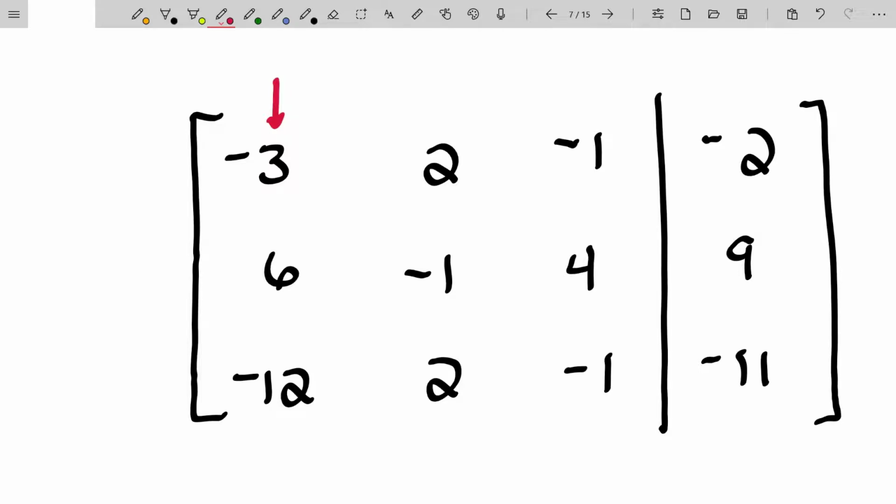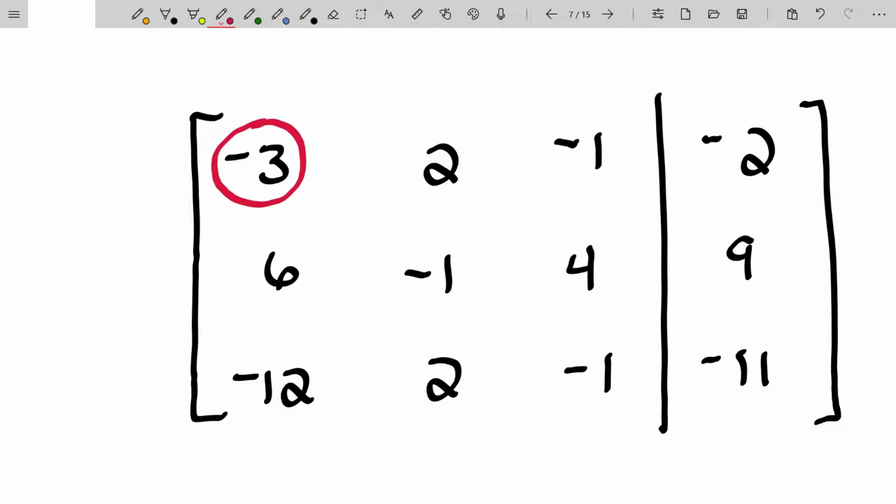So for example, what's a way that you can get -3 to turn into 1, and your only options are swapping rows, which there's no other ones here, so there's no way to force that to be a 1 by swapping or trading rows.